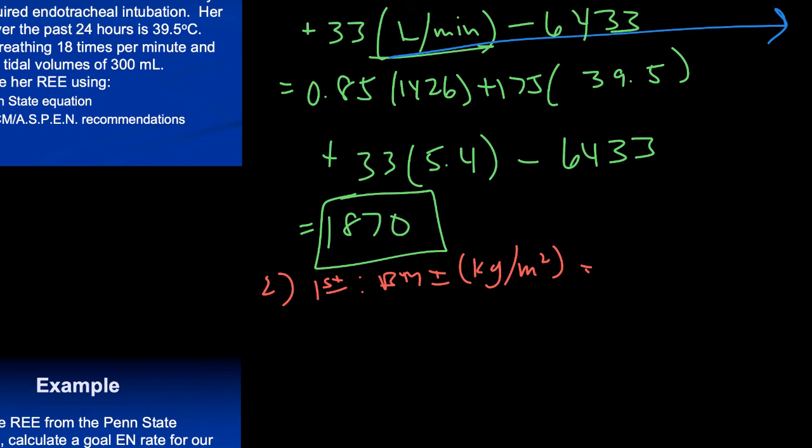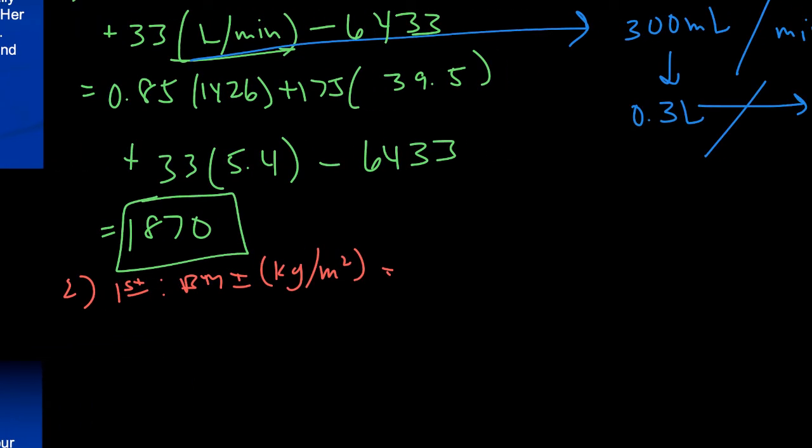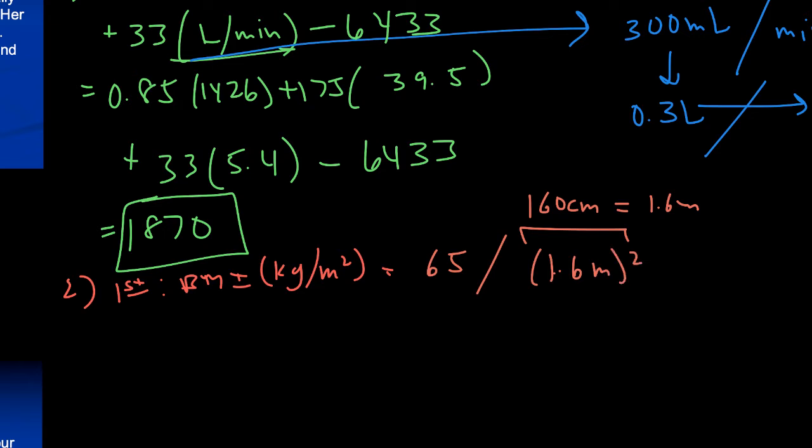So she is 65 kilograms divided by, let's convert, she's 160 centimeters. That is 1.6 meters. So 1.6 meters squared. Then that should give you, see, her BMI is 25.4.